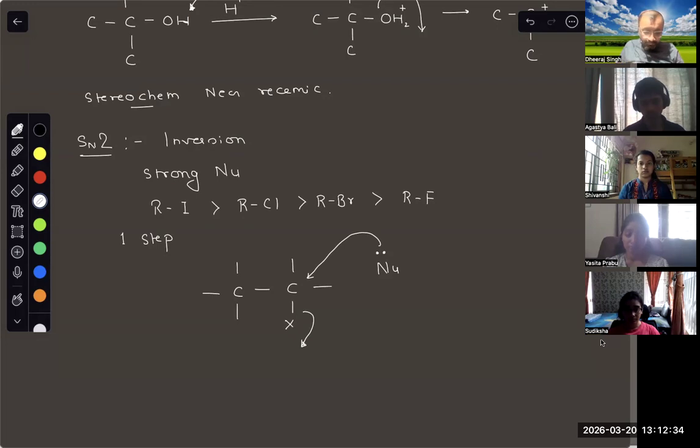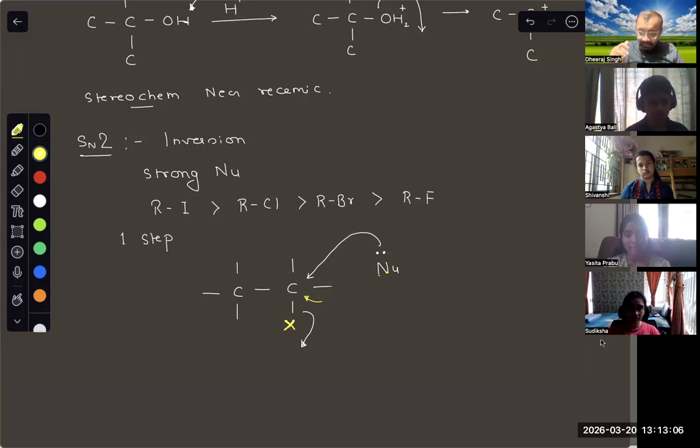Now, if it is happening simultaneously, can this nucleophile come and attack from here? The nucleophile typically has a negative charge or a lone pair, and this is an electronegative atom. So the nucleophile wants to be as far as possible from the electronegative atom at the time of reaction.